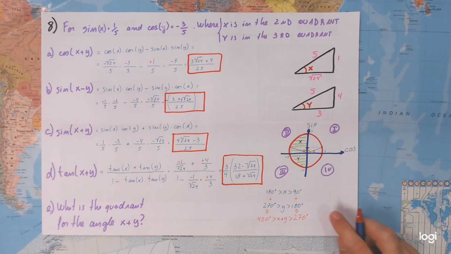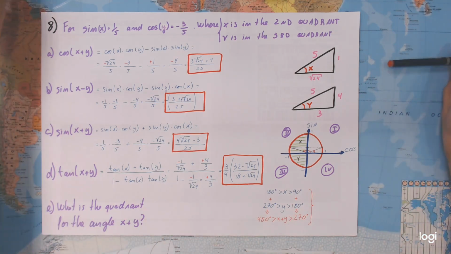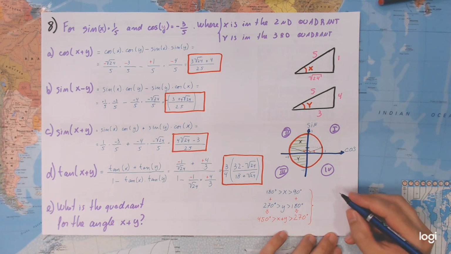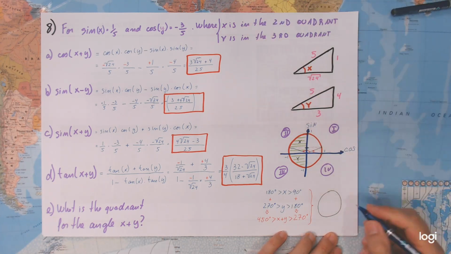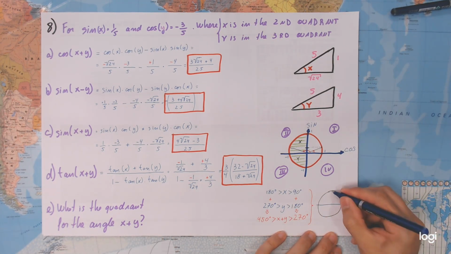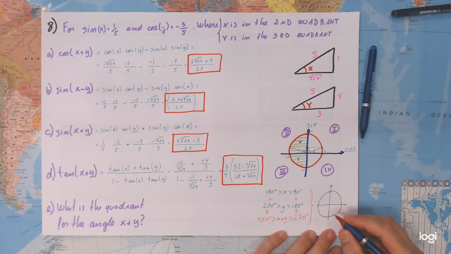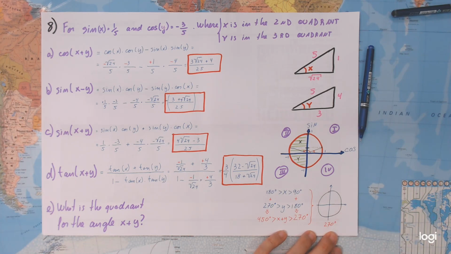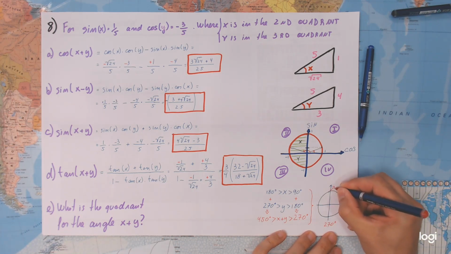Okay, and let's translate this into something meaningful. Okay, and this is 270 degrees. Okay, we have to know 0, 90, 180, 270, or 360. 450, up to here it is 360. 450 is going to be right in here.